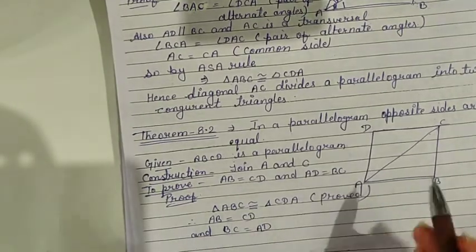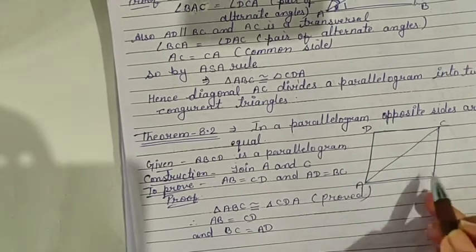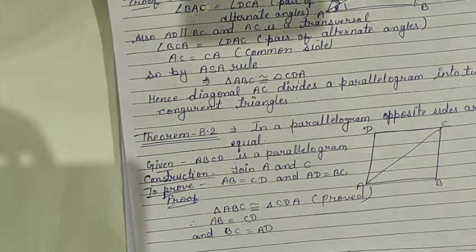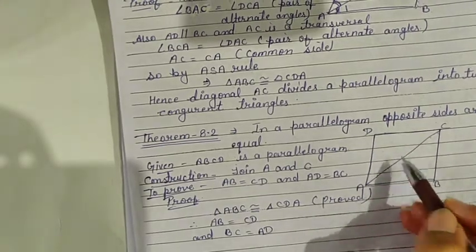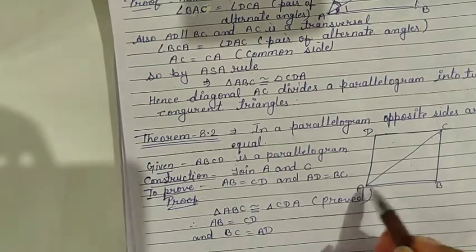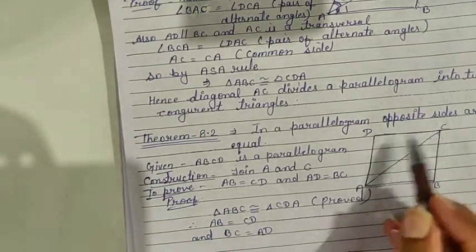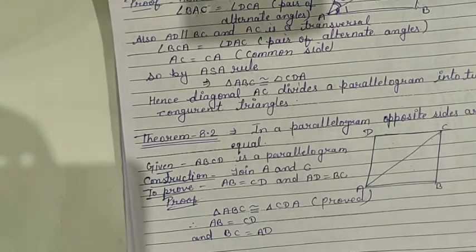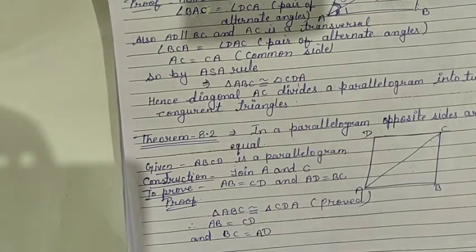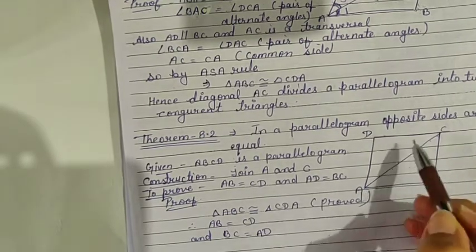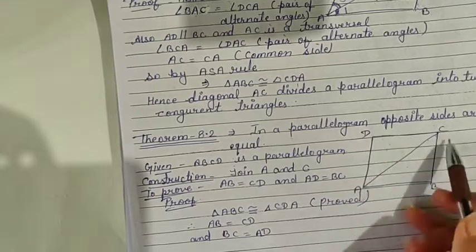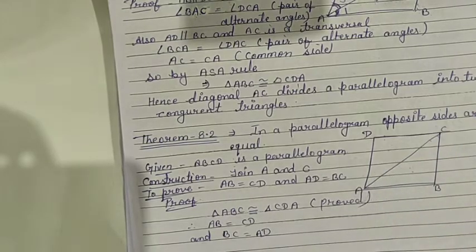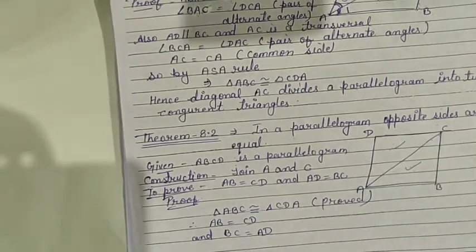Students, in theorem 8.1 we proved that triangle ABC is congruent to triangle CDA. So if these two triangles are congruent to each other, then AB equals CD and AD equals BC. Why are these opposite sides equal? Because these two triangles are congruent to each other.